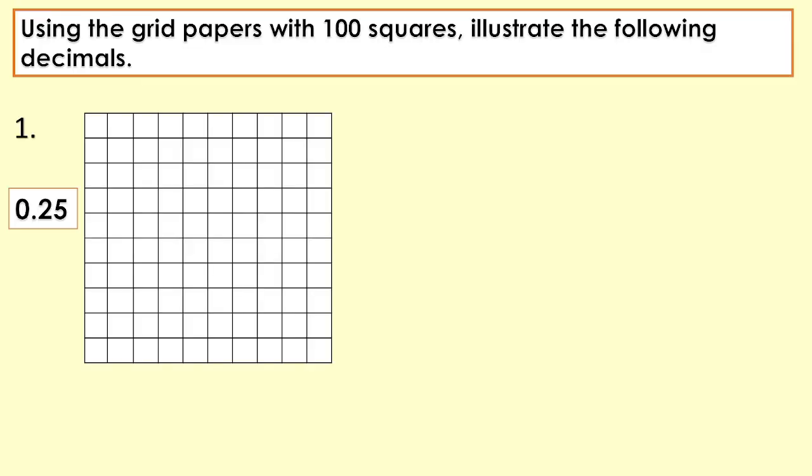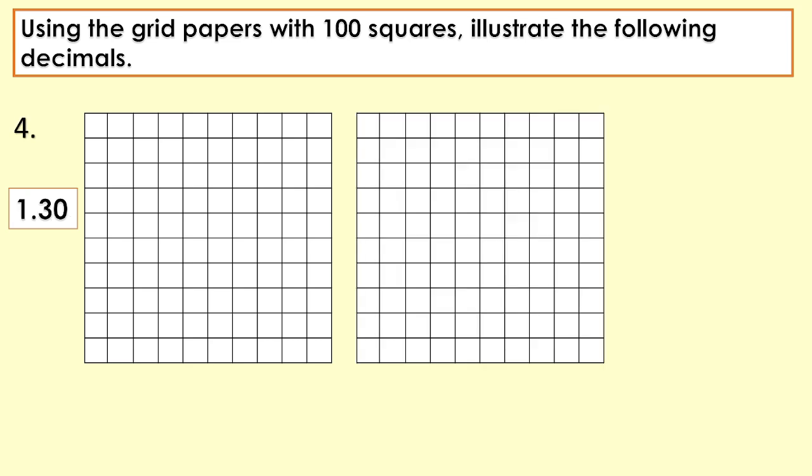Day 3. Using the grid papers with 100 squares, illustrate the following decimals. Number 1. Number 2. Number 3. Number 4.